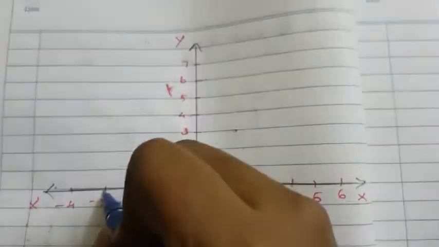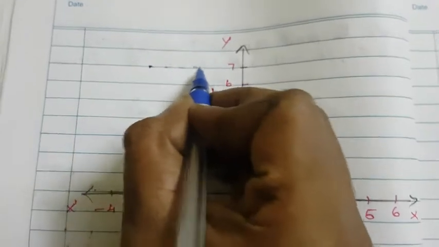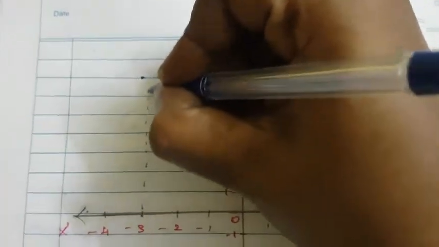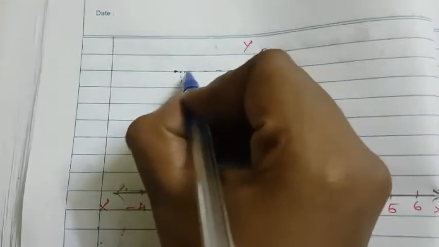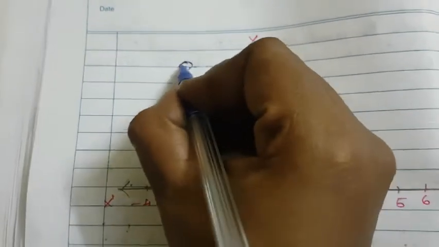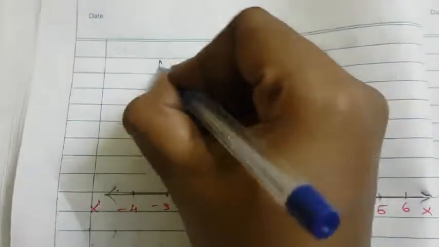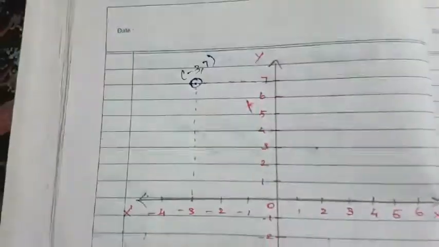So -3 from the x-axis and 7 from the y-axis. Okay, so from -3 we have to draw the lines. So this is the point where it meets, that is (-3, 7).